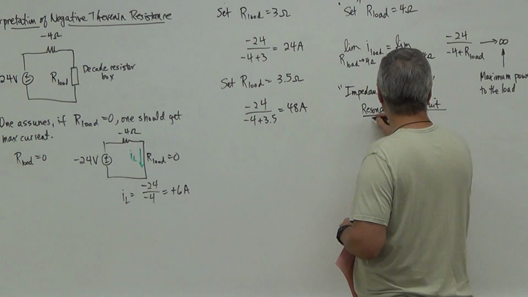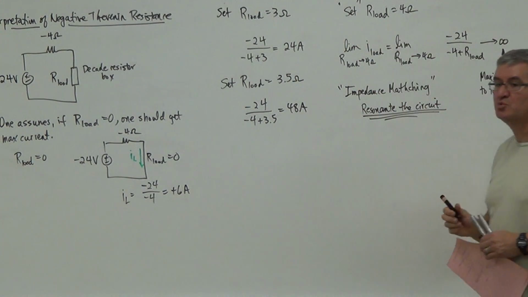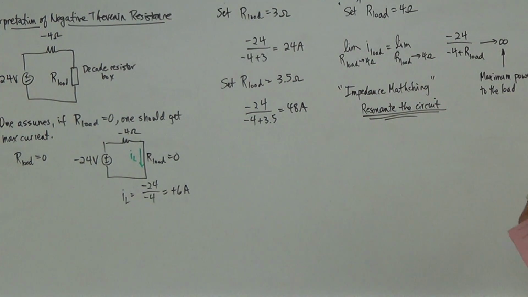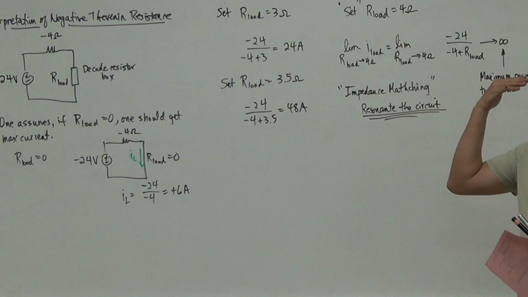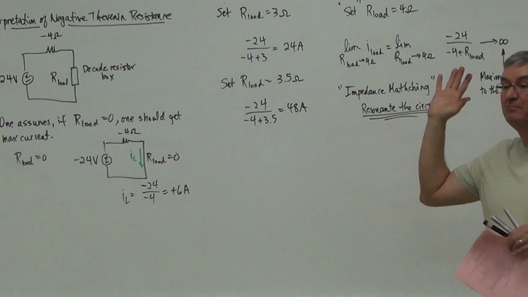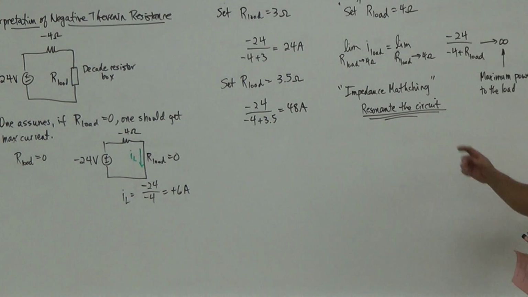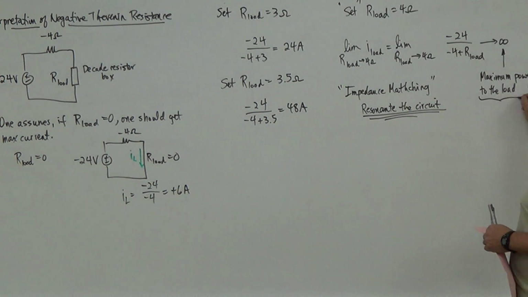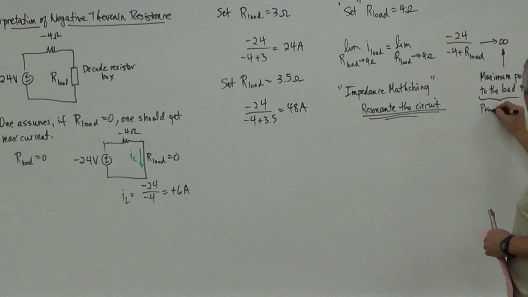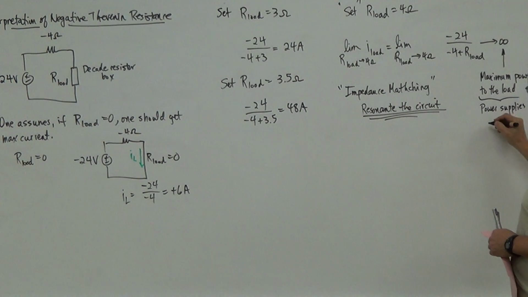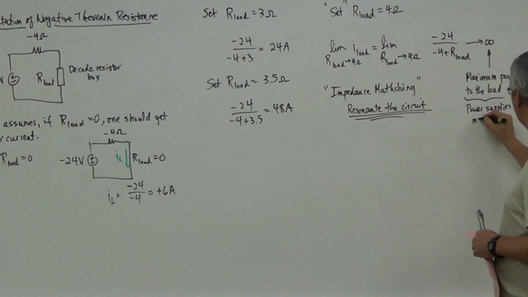Okay? You resonate the circuit. And when you resonate the circuit, that means that you are maxing out the power that you can give to that one element. And again, what sets this? It's whatever the power supply maximum is.